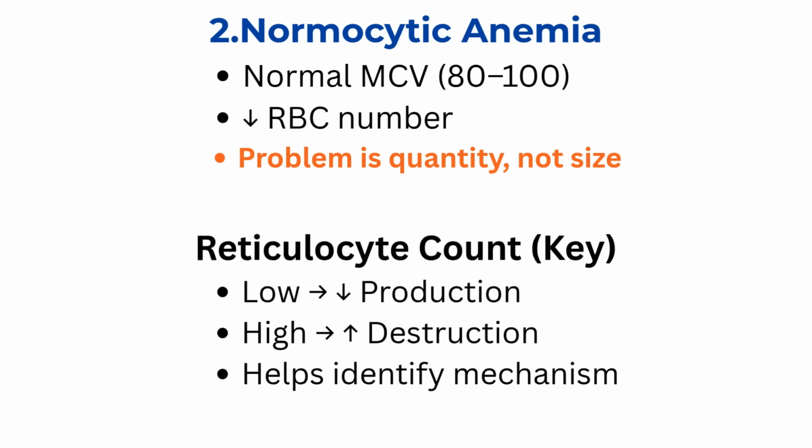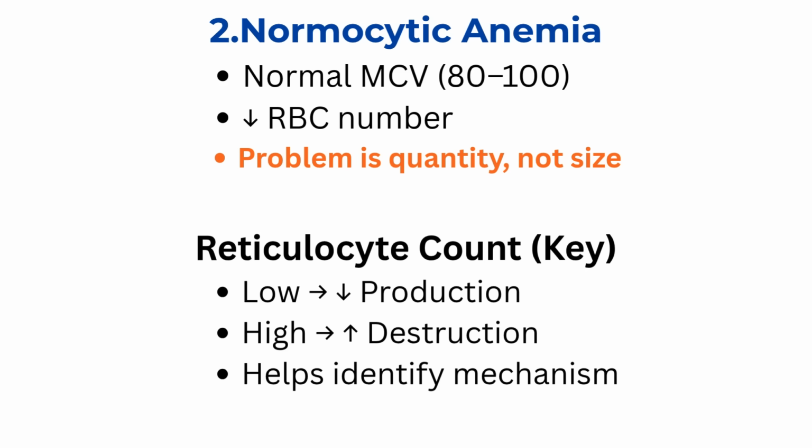2. Normocytic anemia. In normocytic anemia, red blood cells are normal in size but reduced in number. Normocytic anemia: 1. Normal MCV, 80 to 100. 2. Decreased RBC number. 3. Problem is quantity, not size.